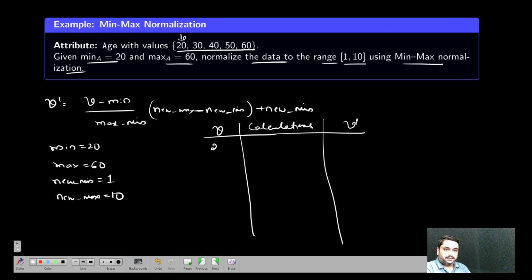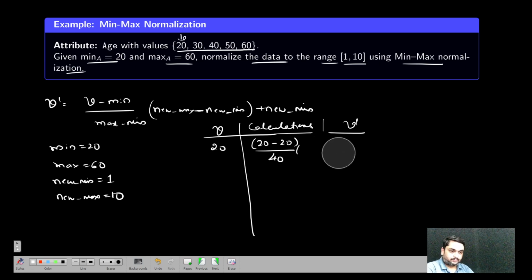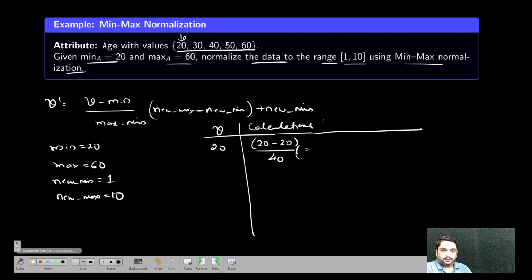So the initial V is 20. So I'll do 20 minus minimum, which is 20 only, divided by 40, into, plus, this is new max minus new min.